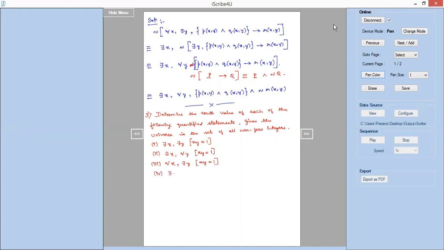Fourth one, for some x, for some y, 2x plus y is equal to 5 and x minus 3y is equal to minus 8. Fifth one, for some x, for some y, 3x minus y is equal to 17 and 2x plus 4y is equal to 3.